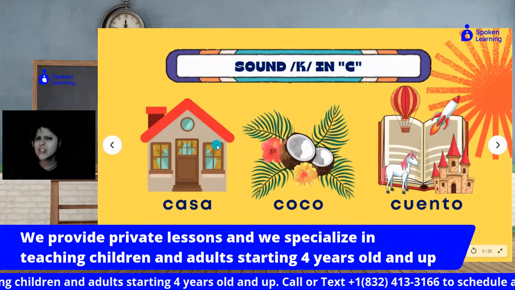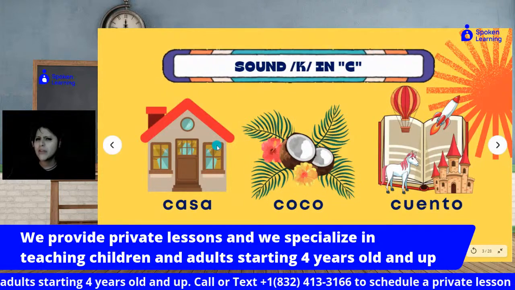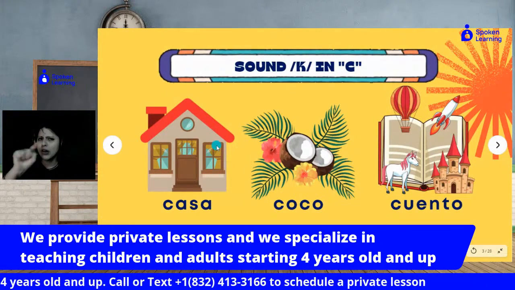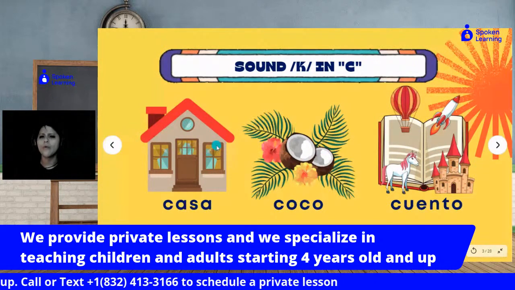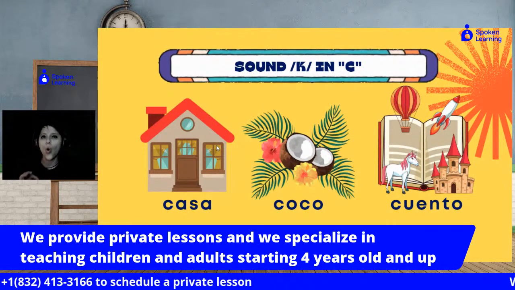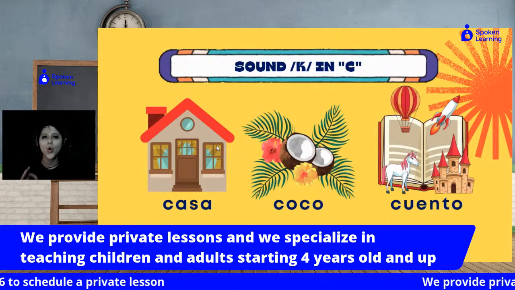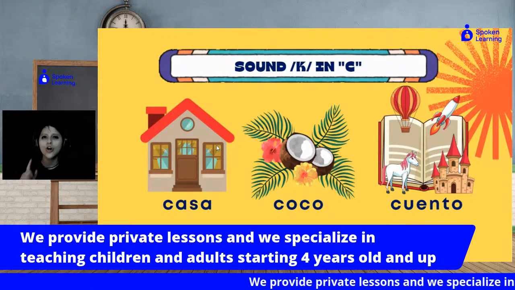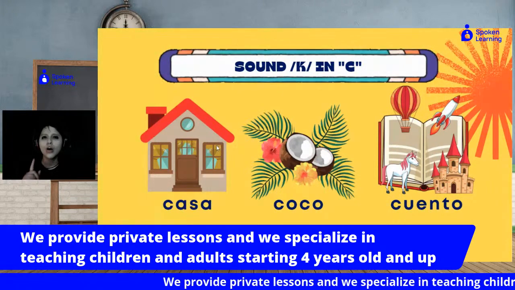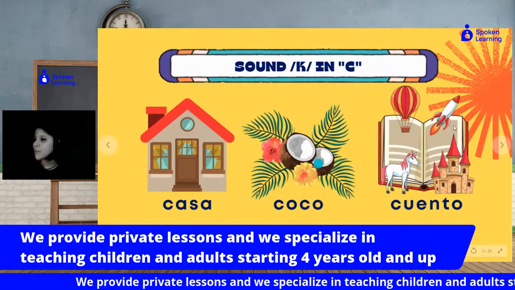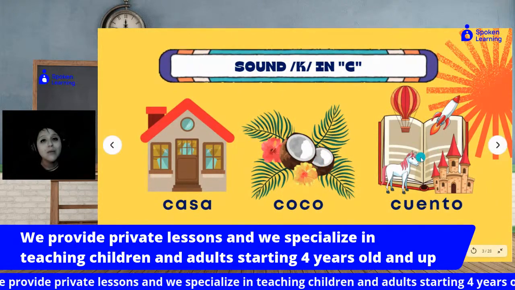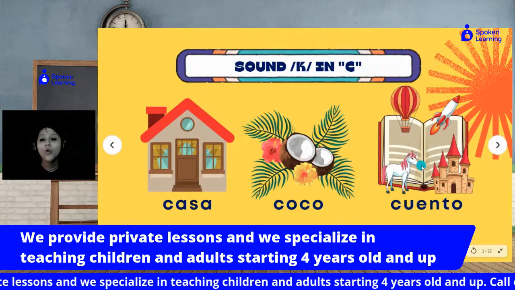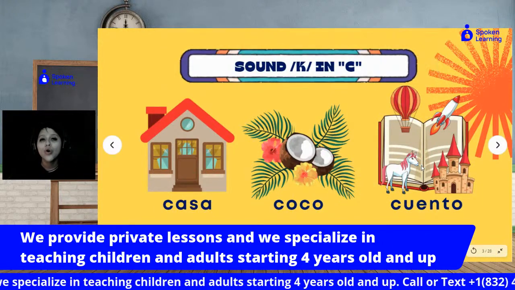In Spanish, it's not that different from the original word in your language. So coco with vowel O. Coco. And the third example that we have here today is cuento.